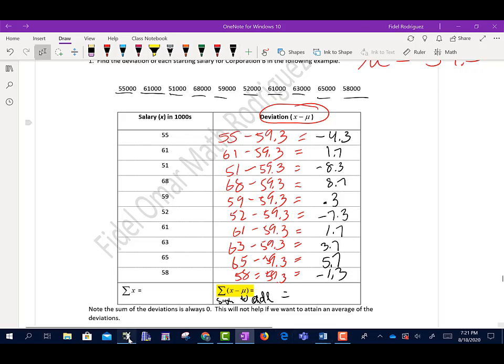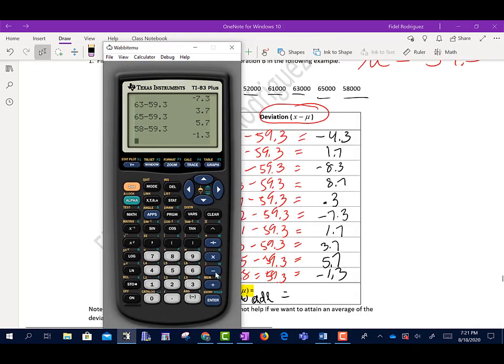Okay, so let me get my calculator one more time, and let's do this. 4.3 plus negative 1.7 plus negative 8.3 plus 8.7 plus 0.3 plus negative 7.3 plus 1.7 plus 3.7 plus 5.7 plus negative 1.3 and, okay, I made a mistake over here, guys.